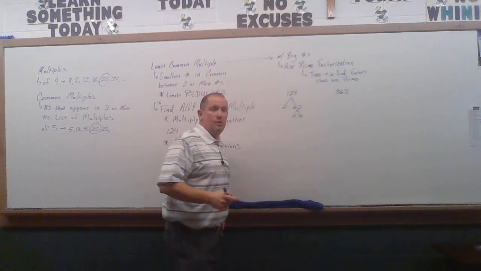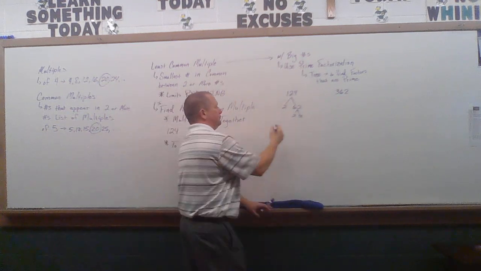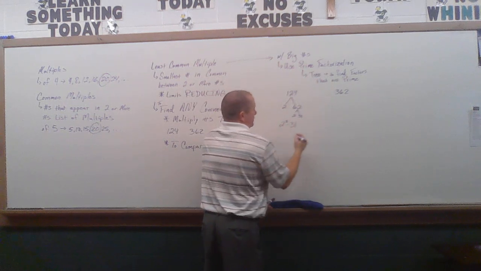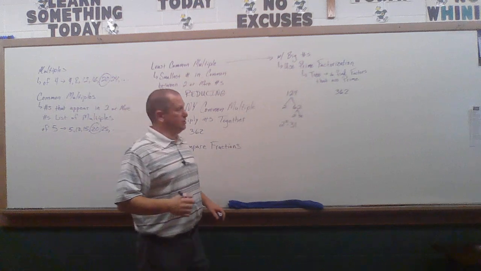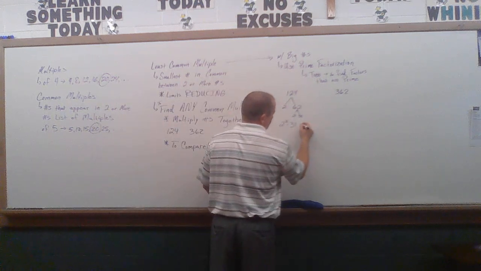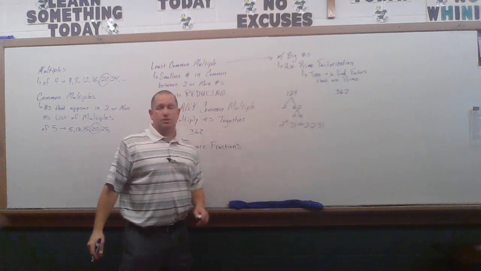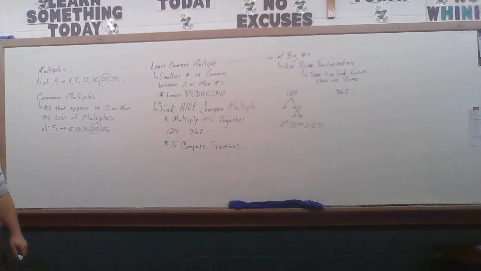No. So again now, once you get your prime factorization done, write it out. Now again, if you don't want to use exponents, that's fine. You can write it out using the numbers. Whichever is easiest to you. 2 times 2 times 31.